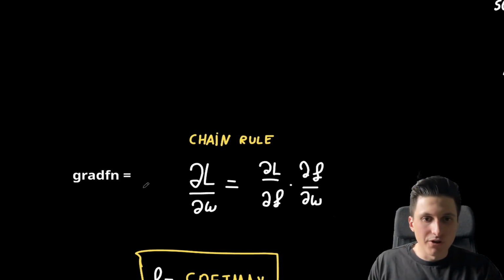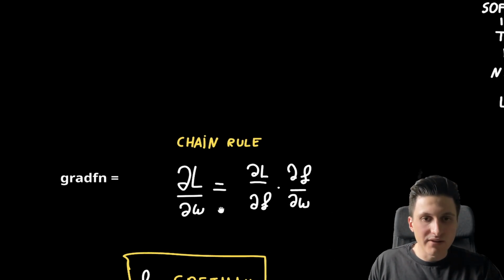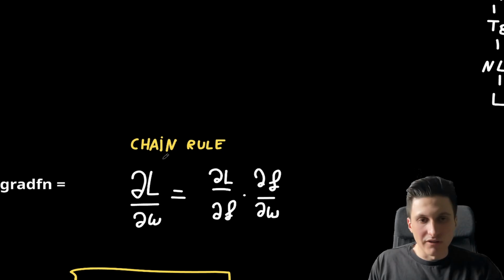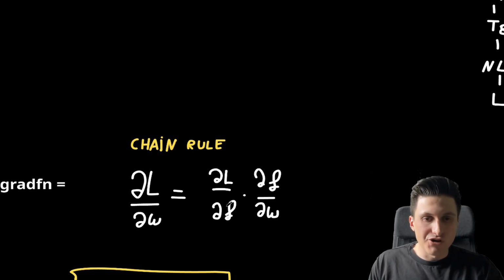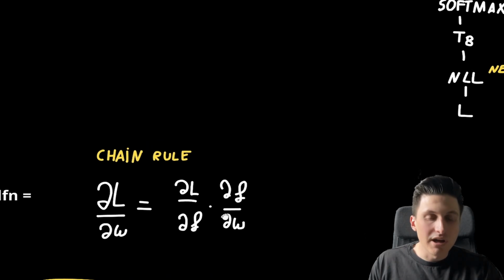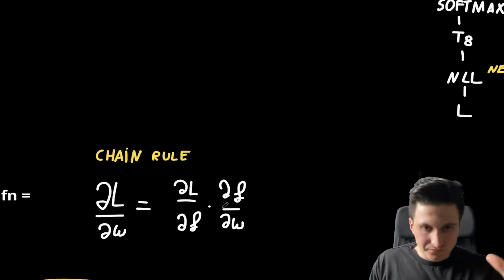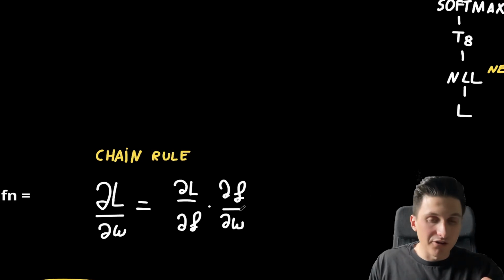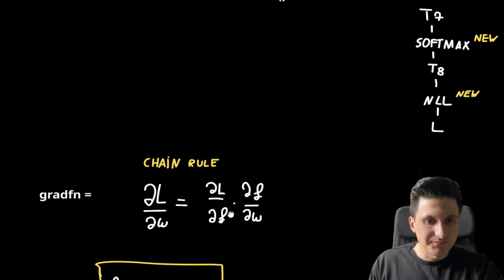And for the gradfn function, as you know, we need to calculate the derivative of the loss with respect to some weight. If you apply the chain rule, this will be equal to the derivative of the loss with respect to the function in which the weight was used, times the derivative of that function output with respect to the weight itself.